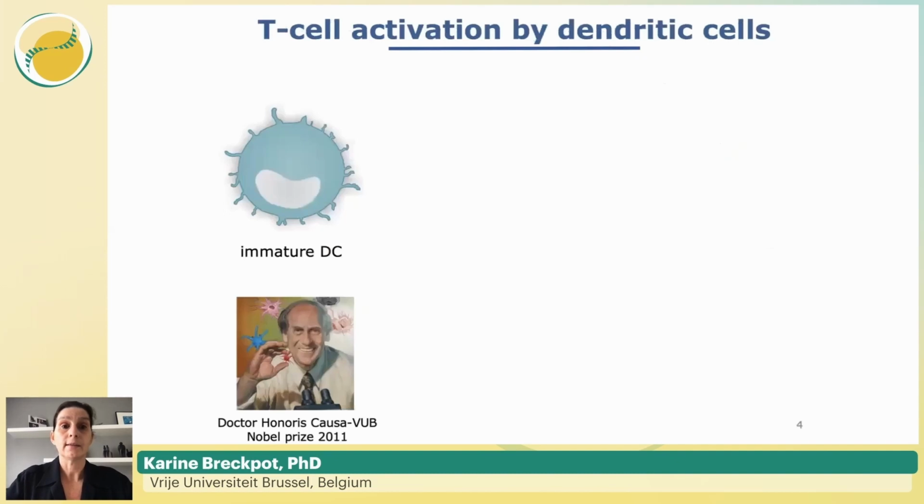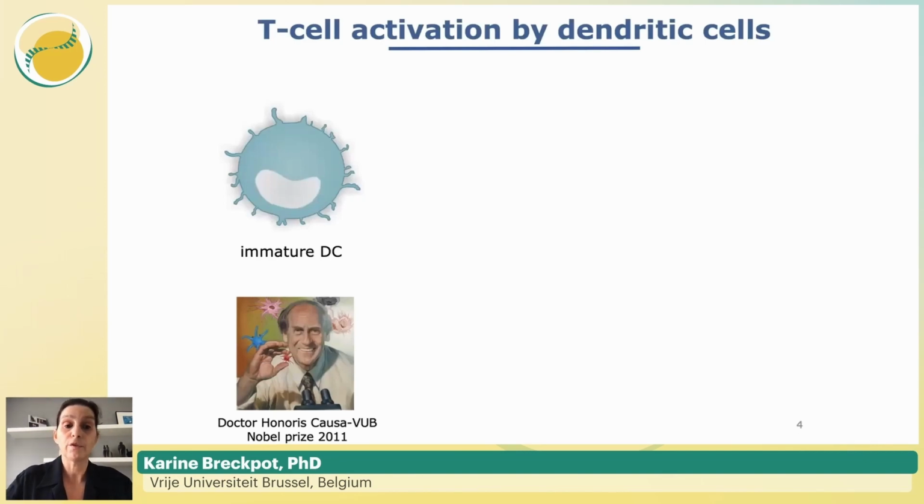Now, as I said, T cells are the cells that should be the ones that kill the cancer cells. But T cells that react to neoantigens should first be activated, and this activation needs to be done by professional antigen-presenting cells. And for that, in the laboratory, we focus on dendritic cells.